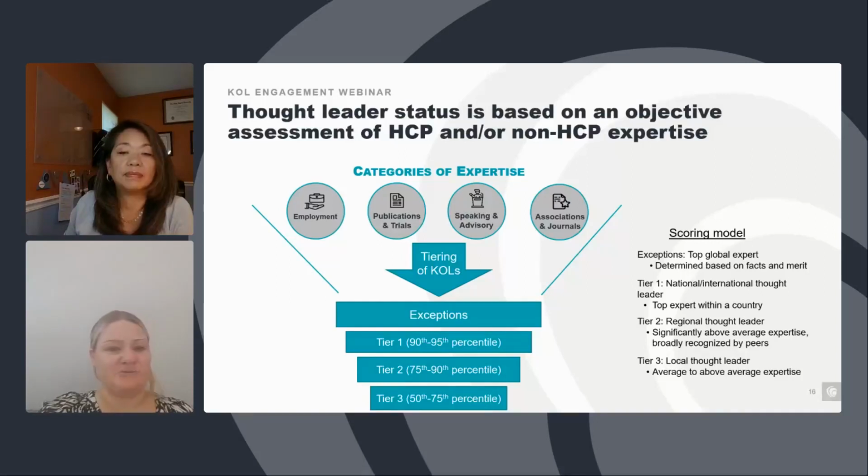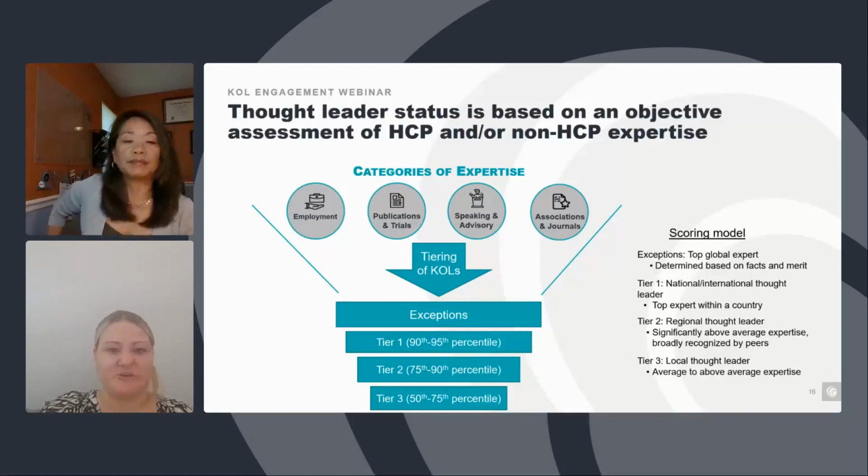So you'll see individuals looking at employment. Again, not to sound like a broken record, but that includes academic and institutional affiliations, and not only affiliations, but also what's the individual's role level within that employment. So are they the chair of their department at this hospital?